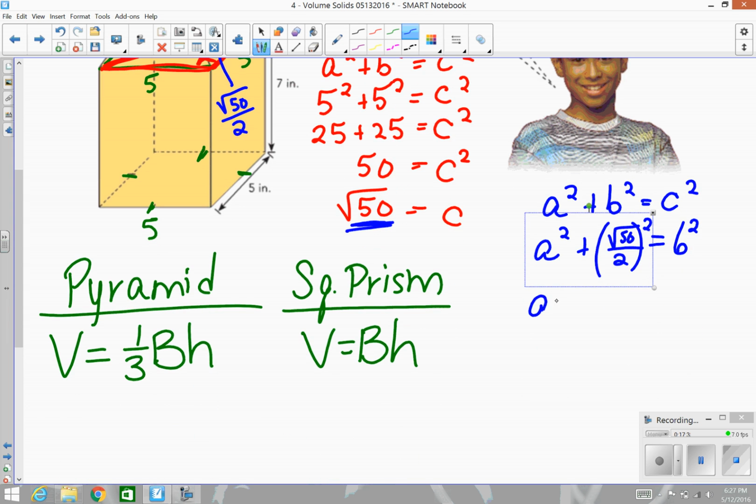Remember we discovered that when you square a square root, it just goes away. So that becomes a 50, and then 2 squared is 4, equals 36. 50 divided by 4 is 12.5.